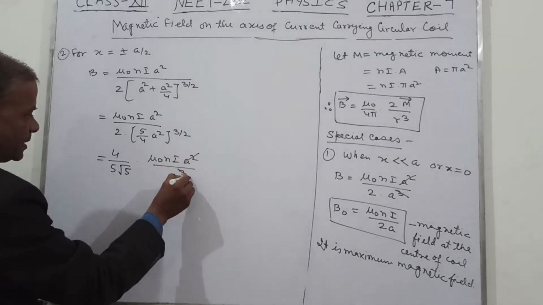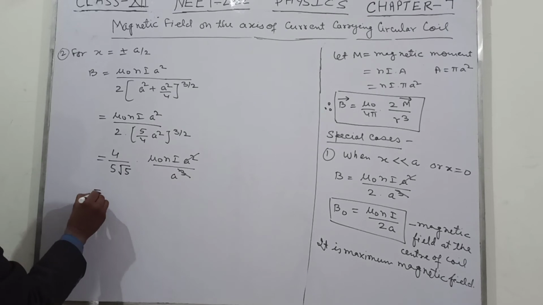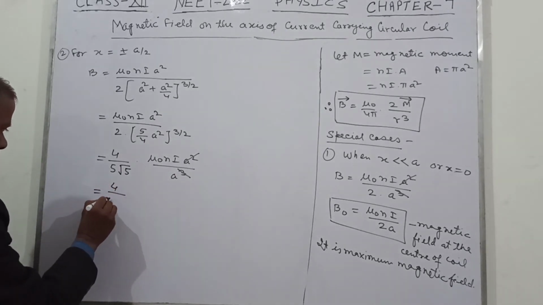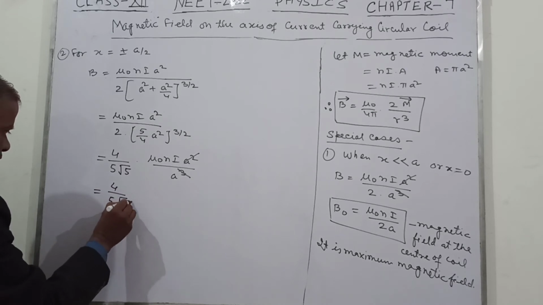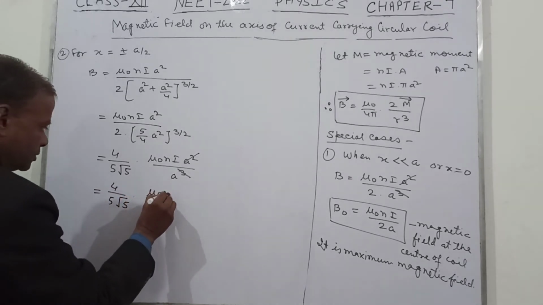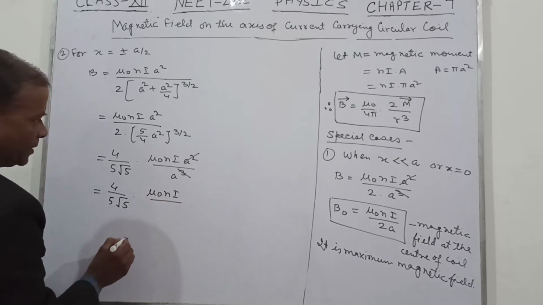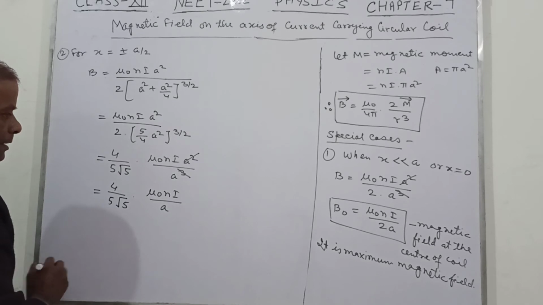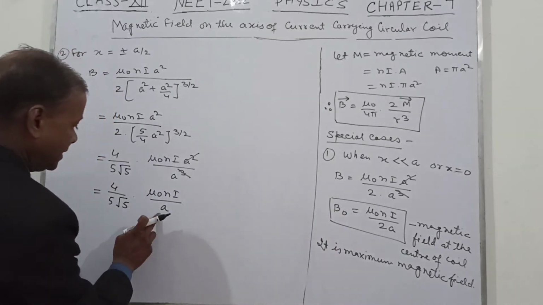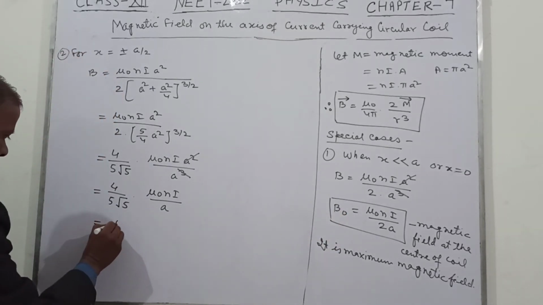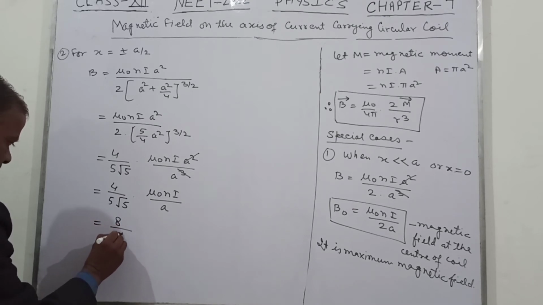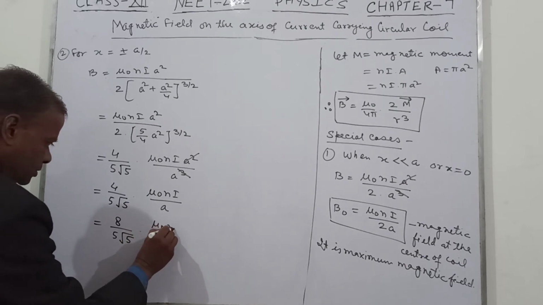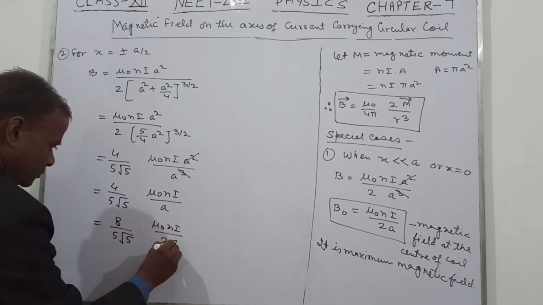So this a square will cancel with this a cube. So what we have is 4 upon 5 root 5 mu naught n I upon a. This we can write as 8 upon 5 root 5 into mu naught n I upon 2a.